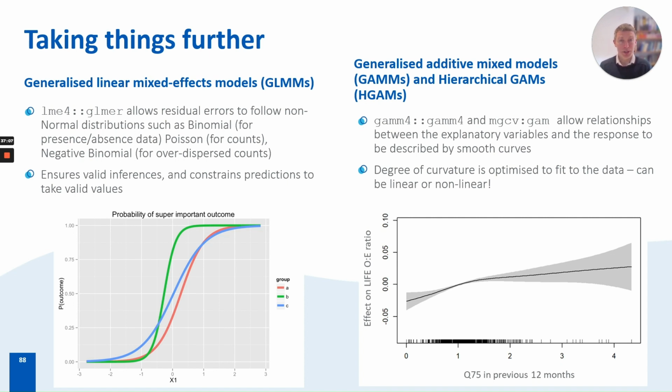This is taken from some work we did looking at invertebrate communities in sandstone streams in the Midlands. Here we've regressed LIFE O/E ratios against a measure of the Q75 flows in the previous 12 months. You can see from the plot that the relationship is no longer a straight line, it's a curved relationship, and it indicates in particular that the hydro-ecological relationship is steeper when the flows are lower, and it tends to plateau off at higher flows.